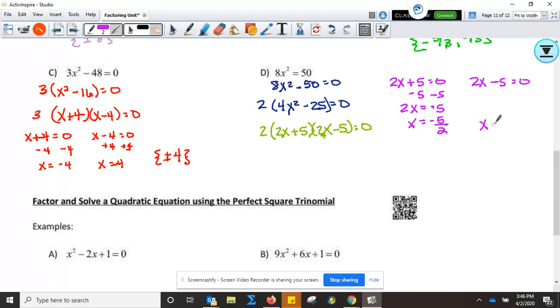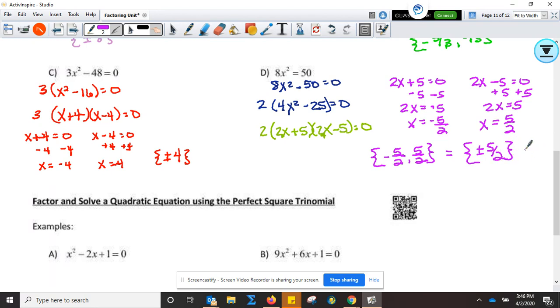Exactly, x equals positive 5/2. Because it's the exact same equation, but the sign is different. So your solution would be negative 5/2, comma 5/2. Or the same thing as saying plus or minus 5/2, which I like that one better. I don't know why, I just like it better.